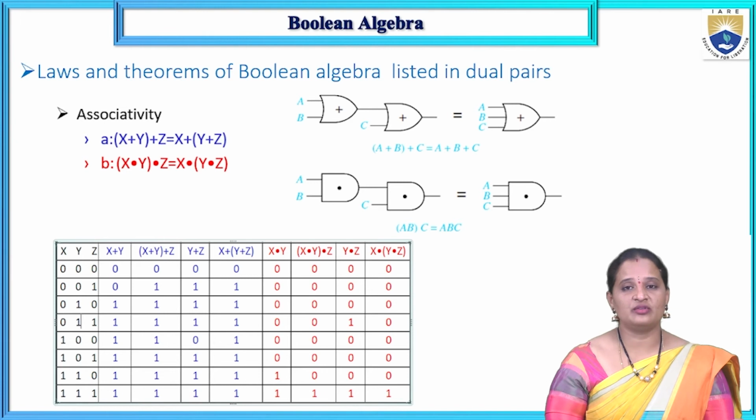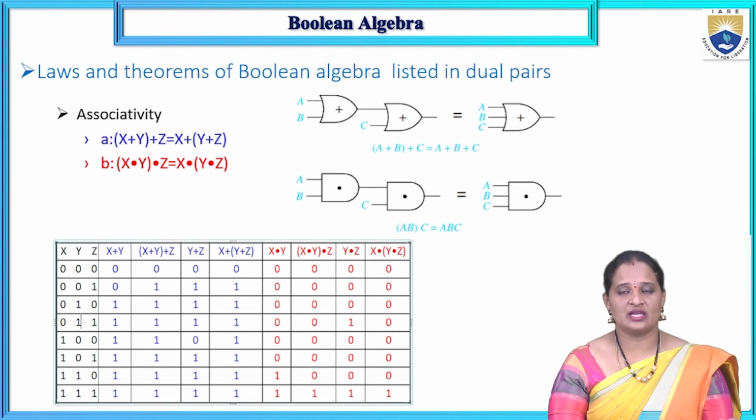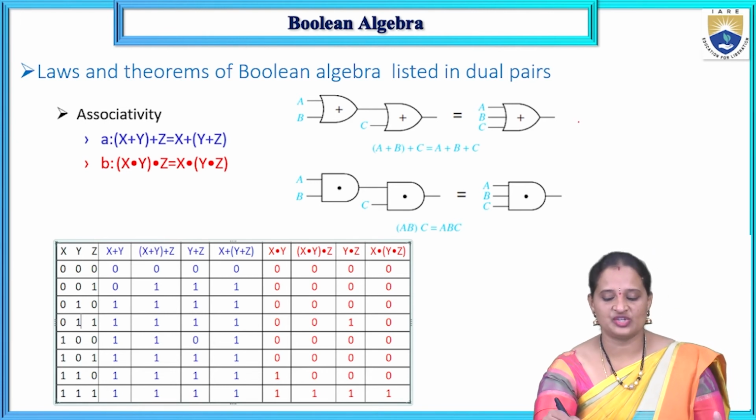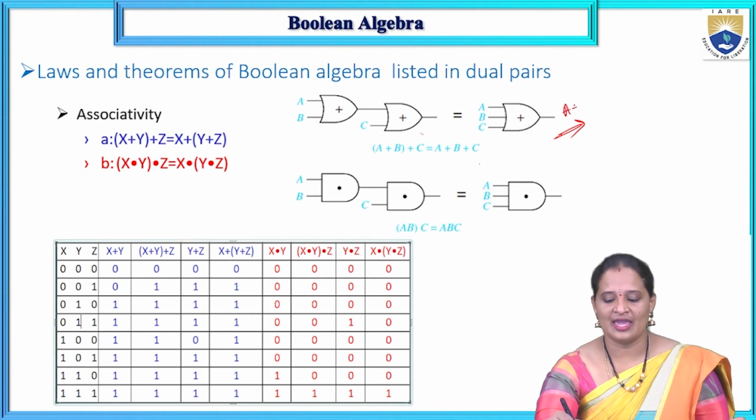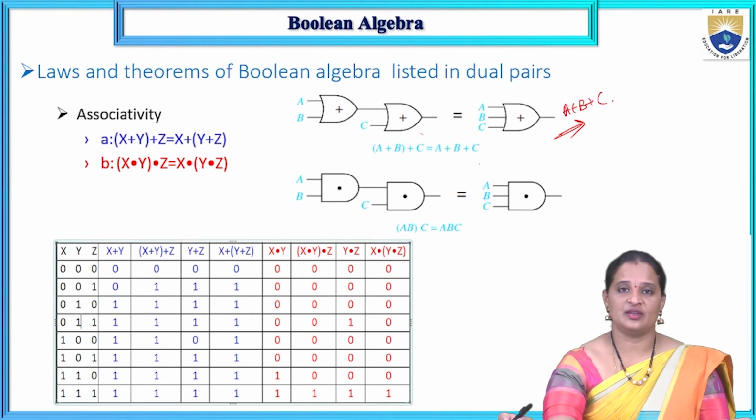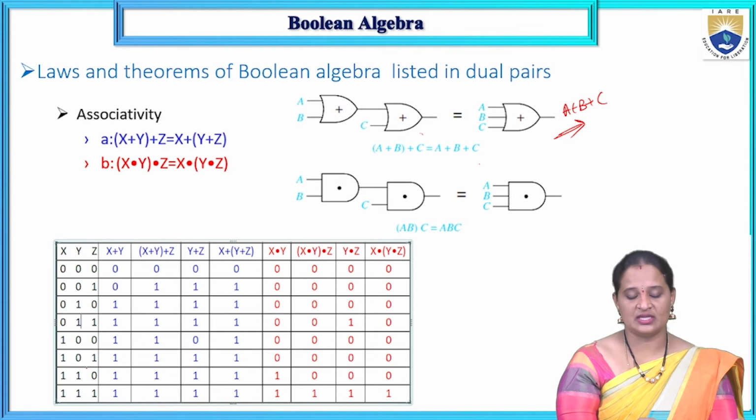Now coming to the associative law. This is the implementation of the associative law using logic gates. Either we can use 2 OR gates or we can have a simple 3 input OR gate, with the output A plus B plus C. To prove this, this is the truth table.